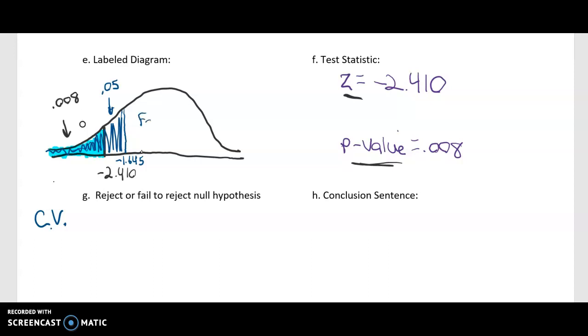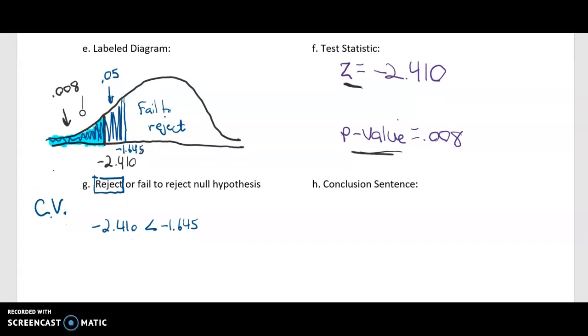Our unshaded region is the fail to reject. So anything more extreme than negative 1.645, we're going to reject. And negative 2.410 is less than negative 1.645. Since this is a left-tailed test, that tells us we're going to reject the null hypothesis.